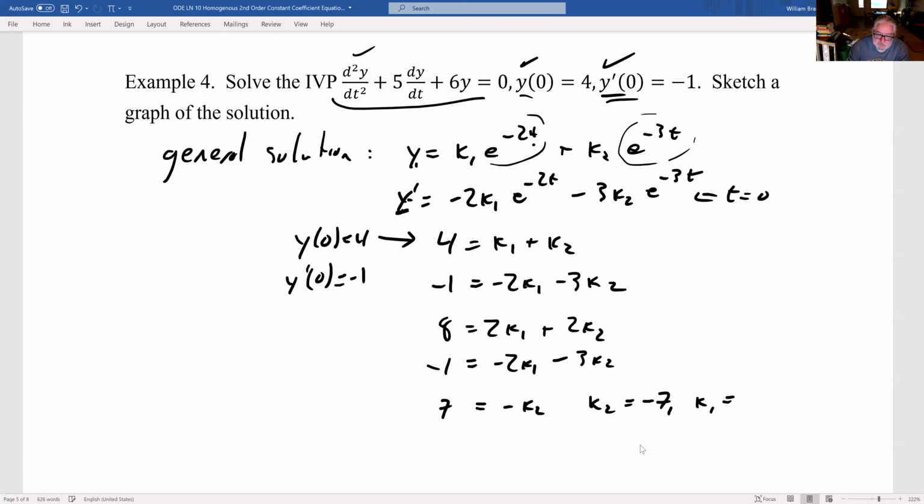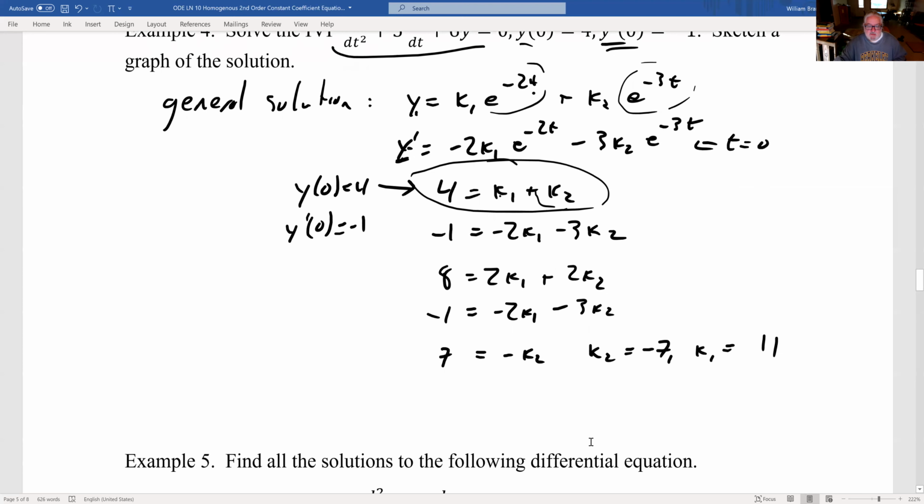K1 equals, well, if k2 is minus 7, k1 has to be 11 from this equation. Great. So our solution to this initial value problem is 11 e to the minus 2t plus minus 7 e to the minus 3t.